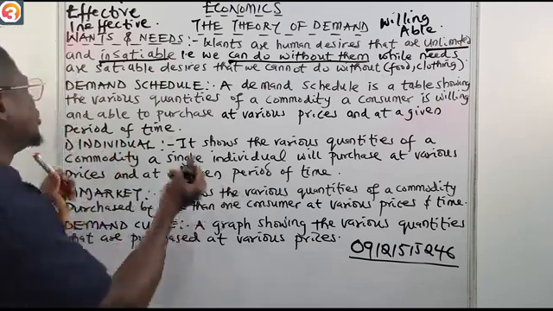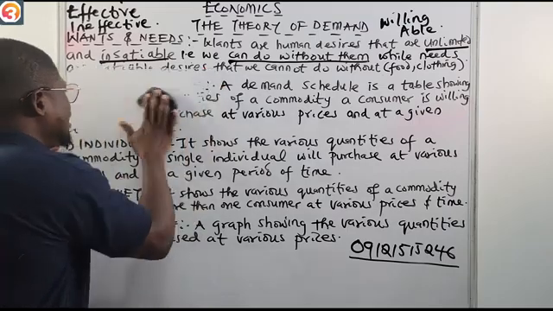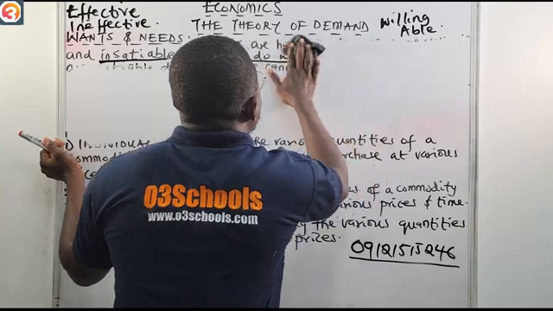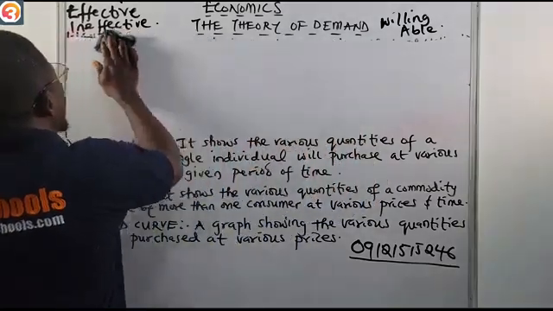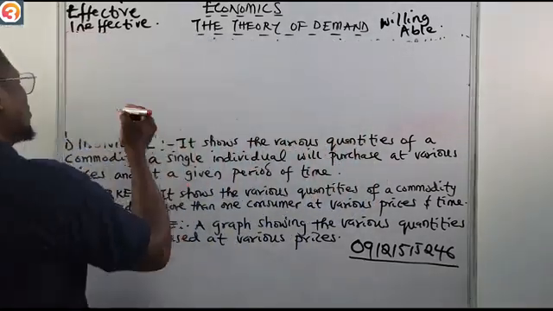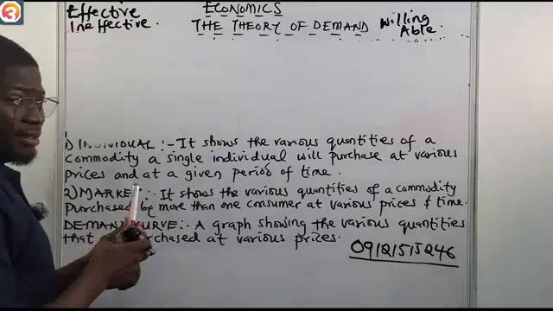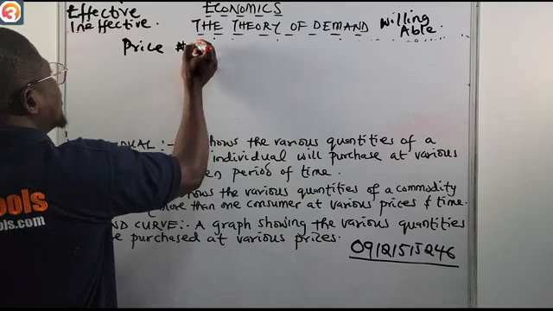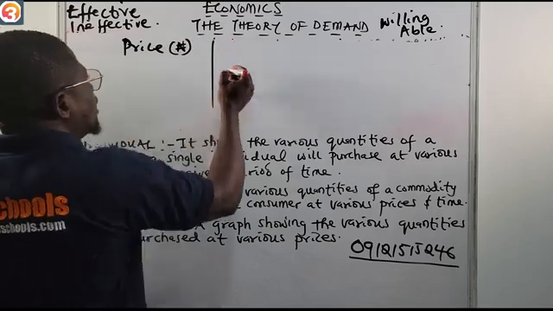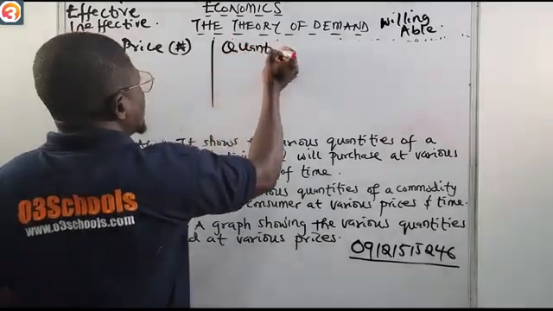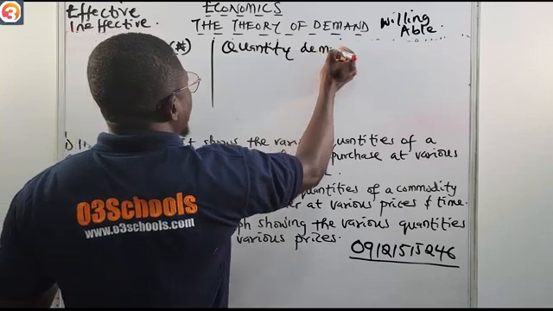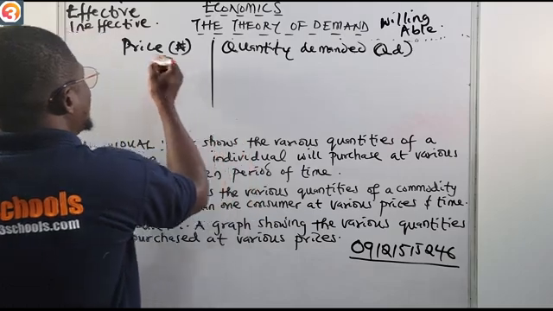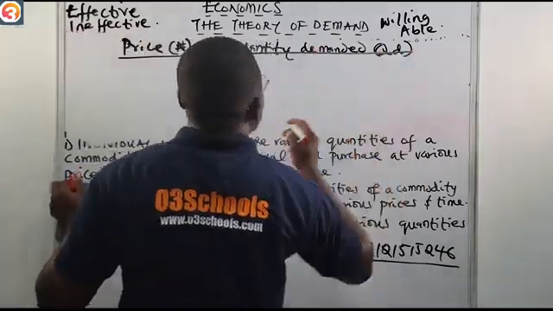So now let me quickly show you what an individual demand schedule looks like. Let us see a hypothetical example. If you have the price of a commodity, in naira, then we have the quantity demanded, QD, or units.